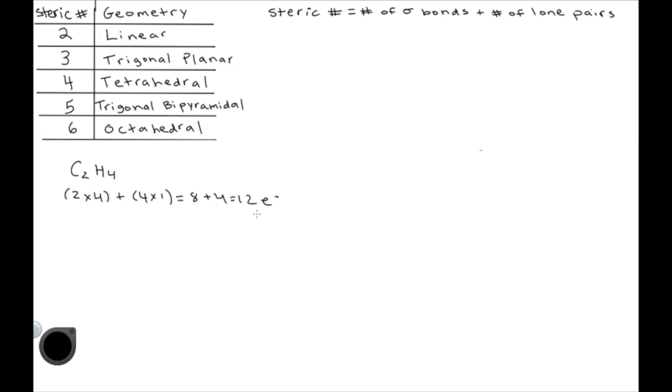And so, starting with the central atom, even though hydrogen is slightly less electronegative than carbon, since it's a little bit higher on the periodic table, it can only form one bond. So we will choose our carbon atom as our central atom, since it is capable of forming more than one bond, right?